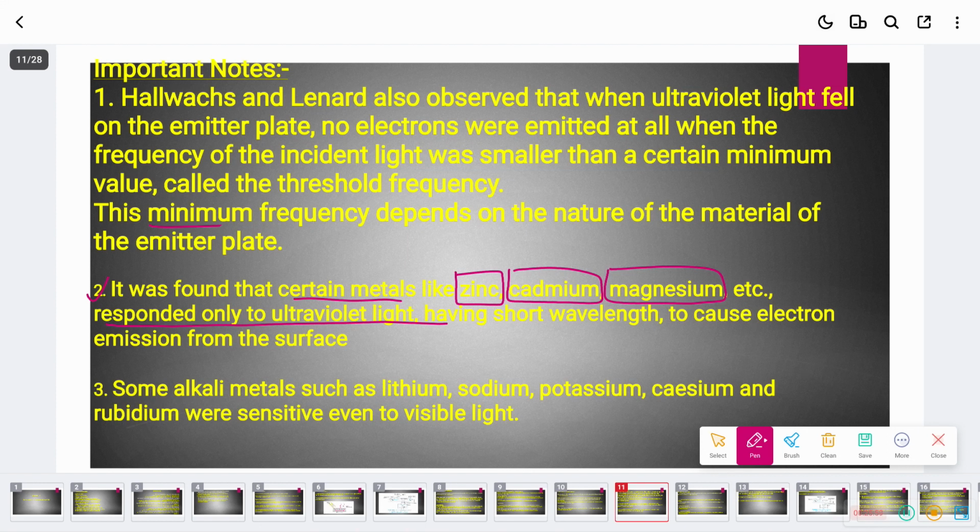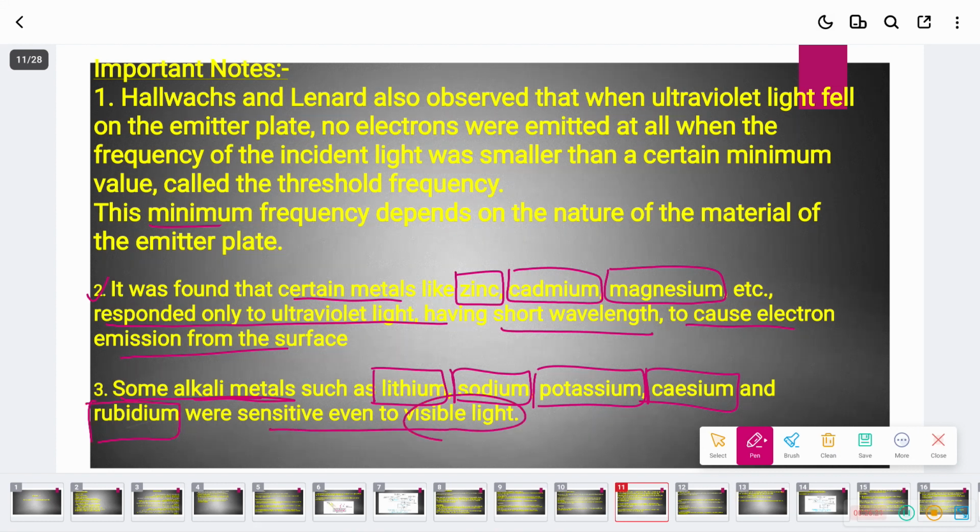So if UV light falls on these metals, then electrons come out. Short wavelengths cause electron emission from the surface. But some alkali metals like lithium, sodium, potassium, cesium and rubidium were sensitive to visible light.